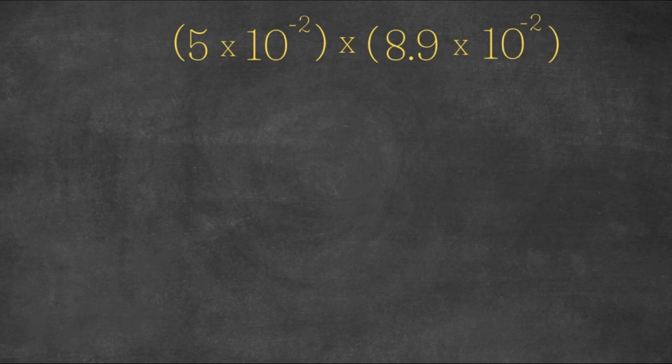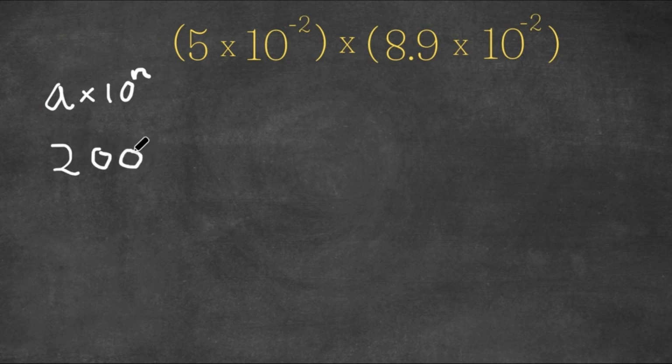And a number in scientific notation would be in the form a times 10 to the power of n. So as you can see, both of these numbers are in scientific notation because they are in the form a times 10 to the power of n. So let's say we had the number 200.